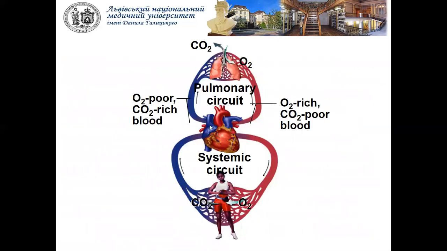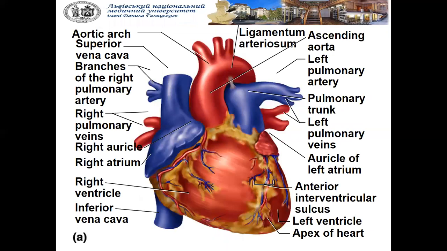Okay, so in this picture, you can see in the middle the heart, pumping blood, and two circles, the small circle and the big circle of blood circulation, right? The small one goes through the lungs. The big one is the systemic circulation. After this picture, I will give you more information. This is the external structure of the heart.